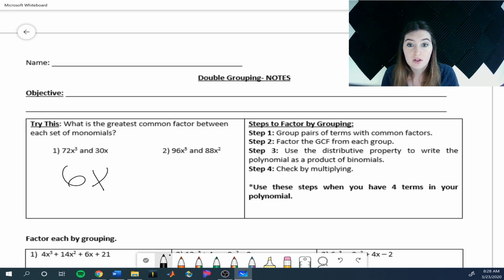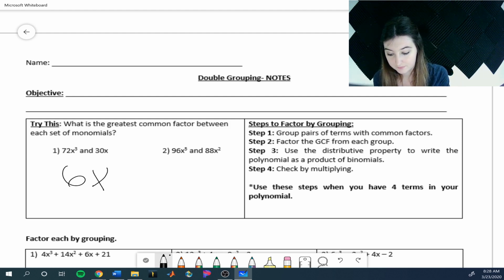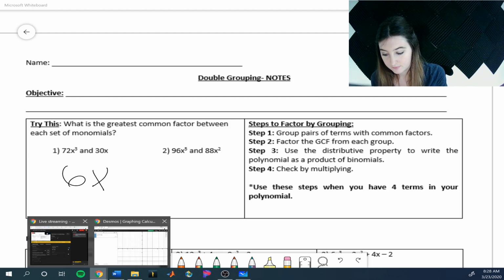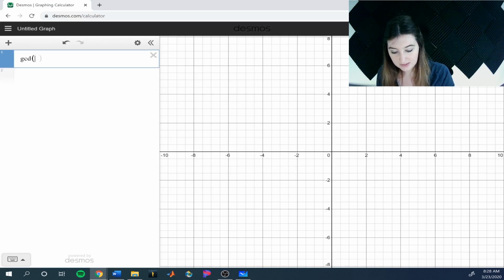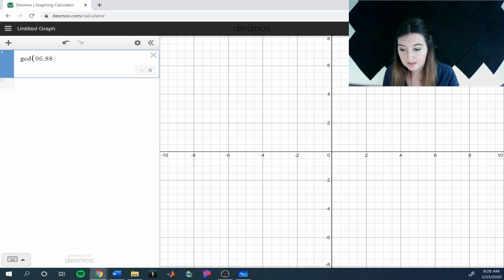Now let's take a look at number two. I have 96x to the fifth and 88x squared. If you haven't done so already, plug 96 and 88 into Desmos and let's see what the greatest common factor is. The greatest common factor is 8.